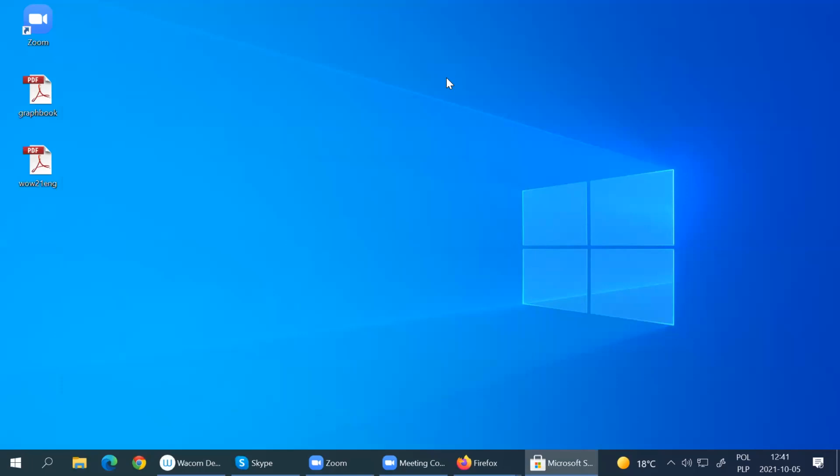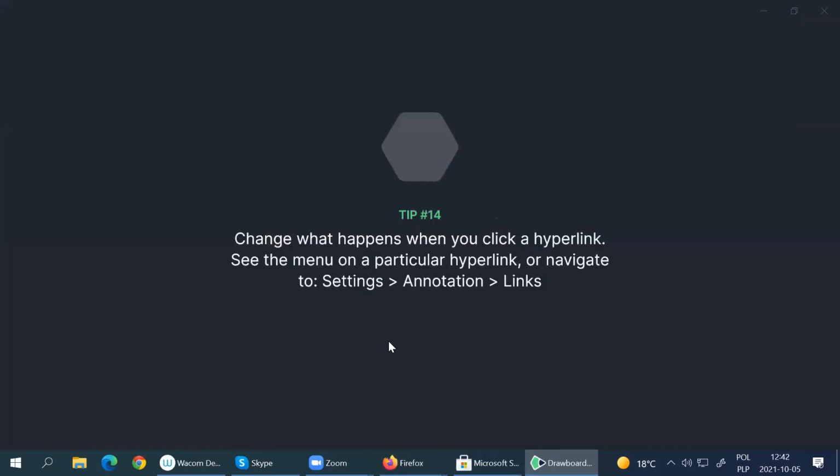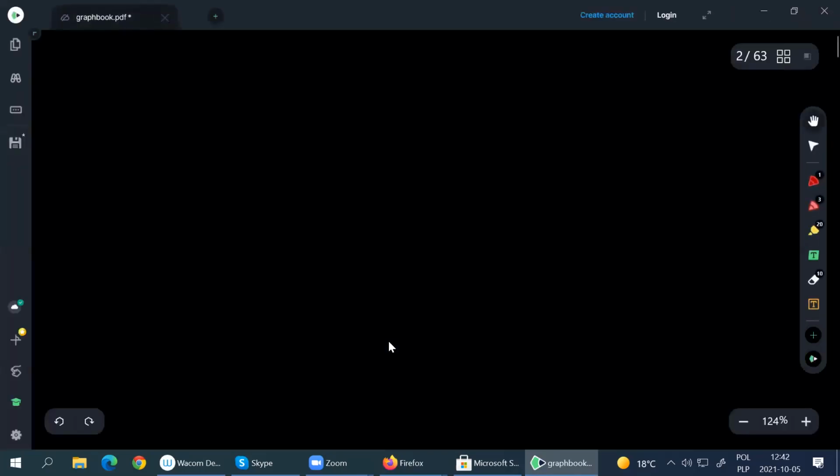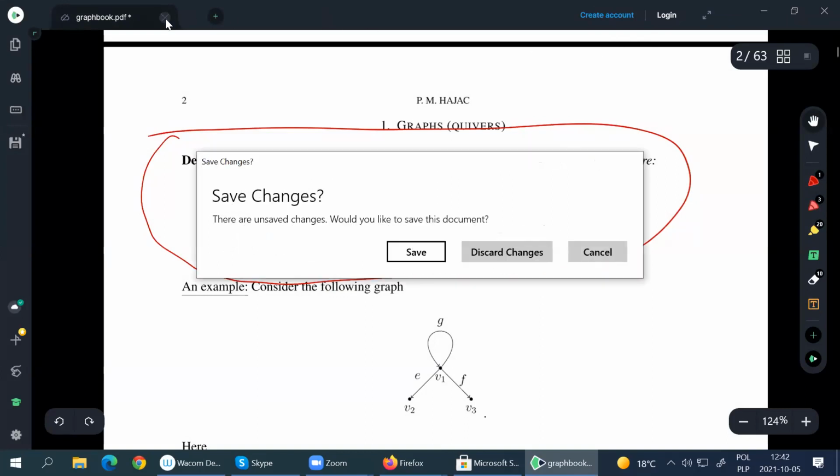I just close this one, and oops. Okay, maybe I will just, because there's this nice application, which unfortunately I just closed. Okay, maybe I'll just start. Yes, okay. You see, this is a very, very cool application, but I want to open another file. So I don't want to kill the application. I just want to open another file. How do I do it? Oh, maybe I kill it here.